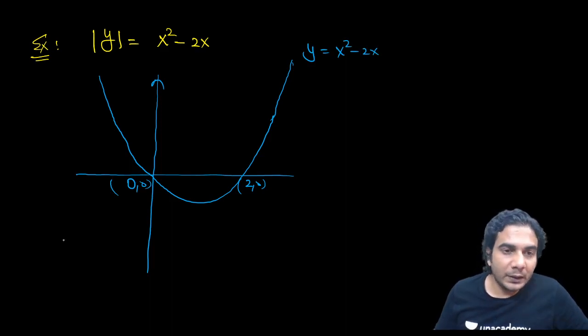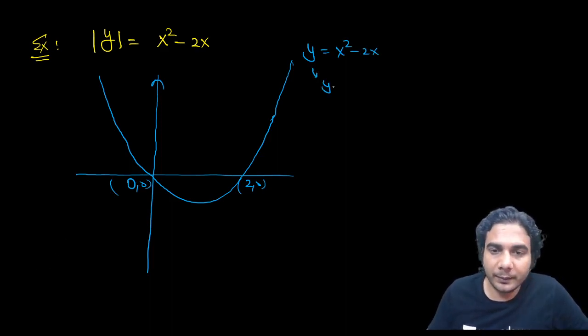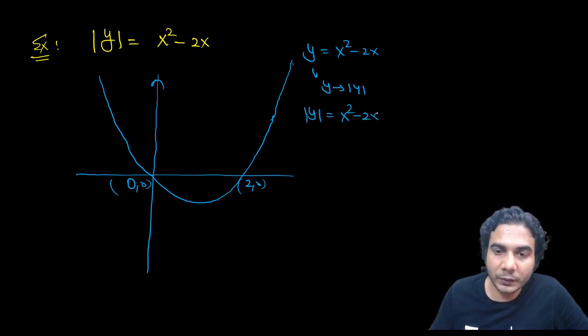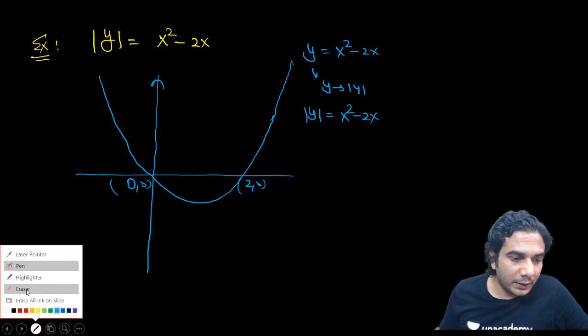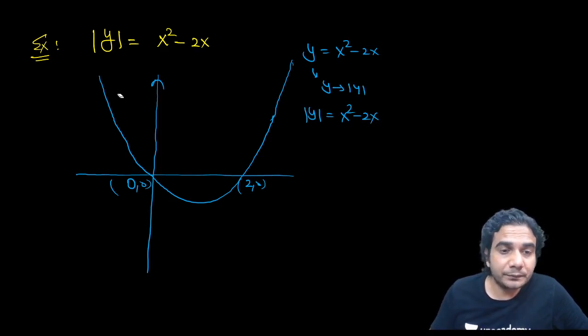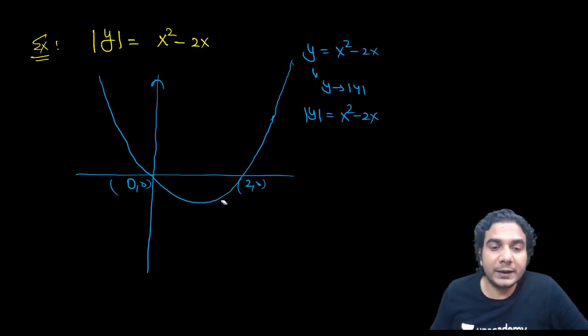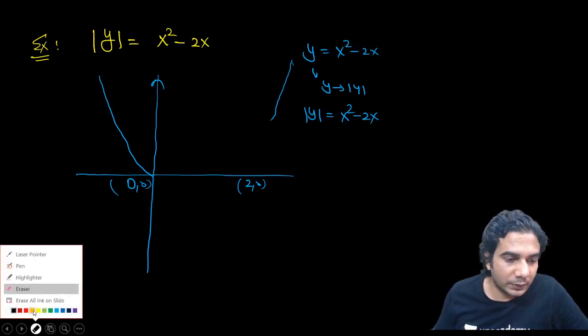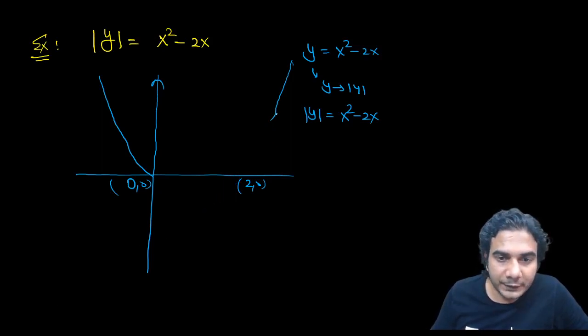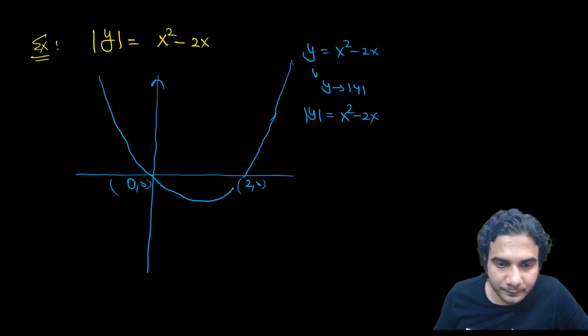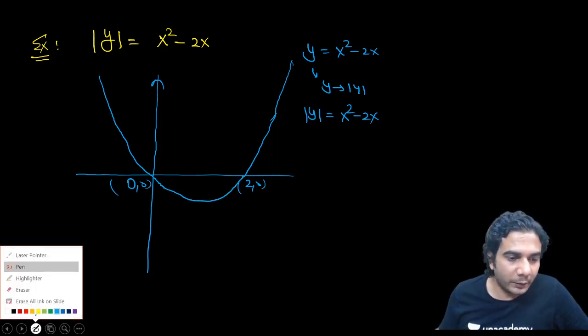Now you see, when you are replacing y by mod of y, the equation becomes mod of y is equal to x square minus 2x. So that means you need to remove the portion of the graph which lies below the x-axis. This portion will remain the same.